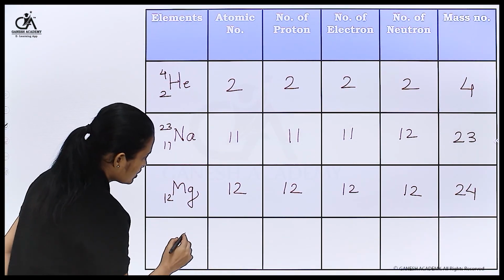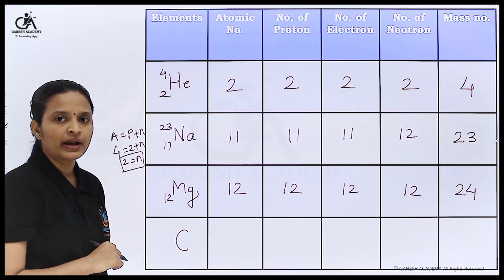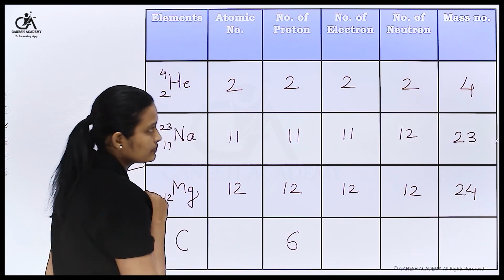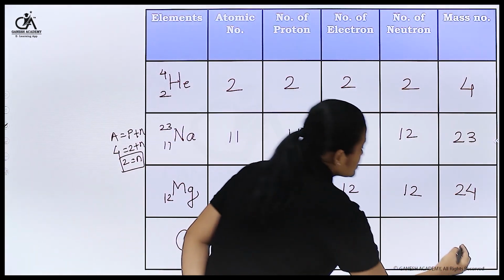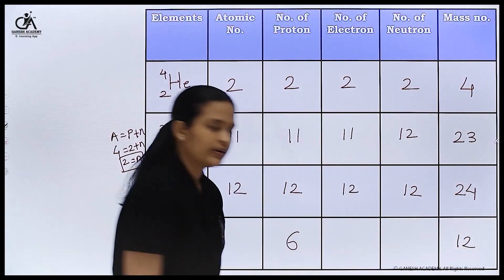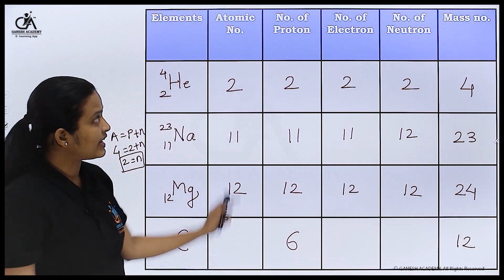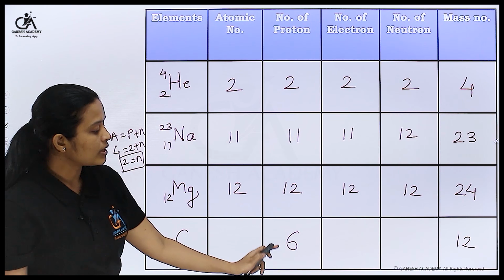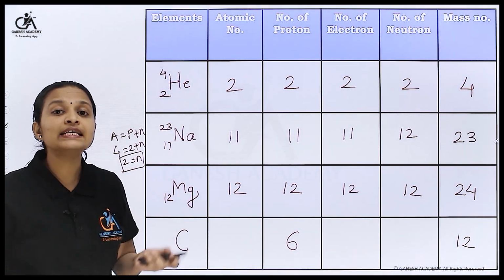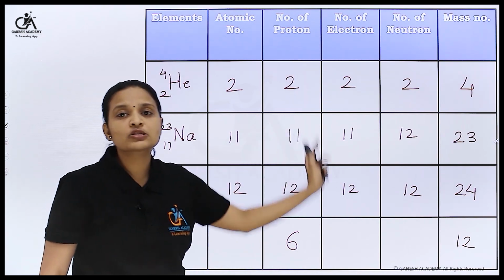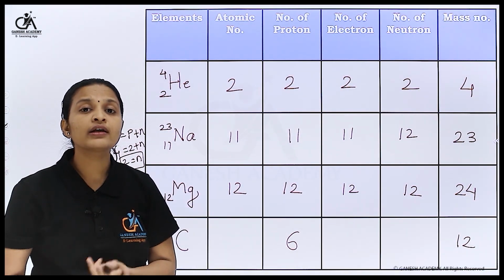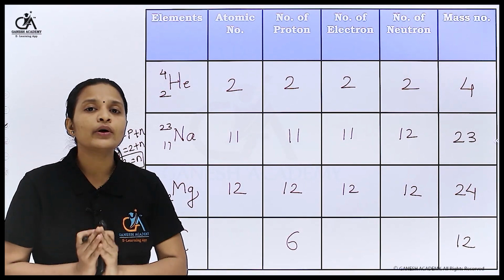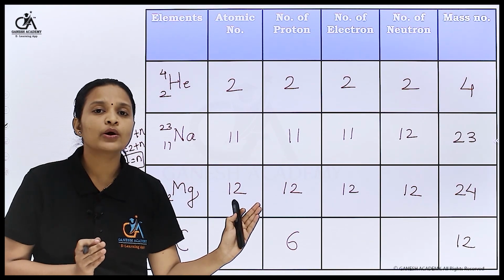One more example. The element carbon is provided, with the number of protons 6 and the mass number 12. Now you have to calculate the atomic number, number of electrons and number of neutrons. Since the proton number is provided, we can easily write the atomic number and the number of electrons, because atomic number is defined as the number of protons, which is equal to the number of electrons.